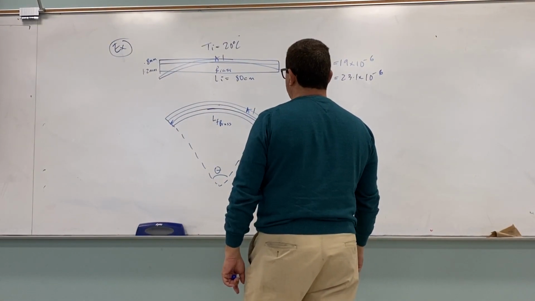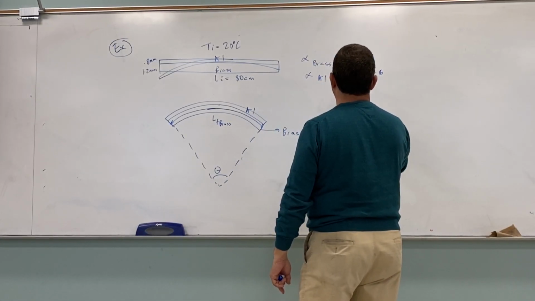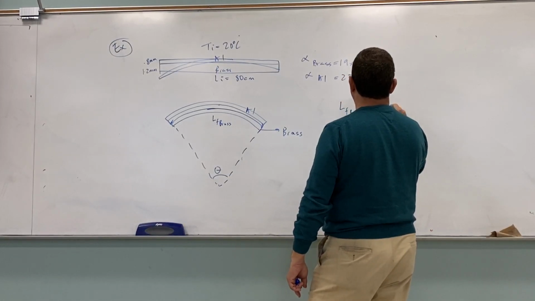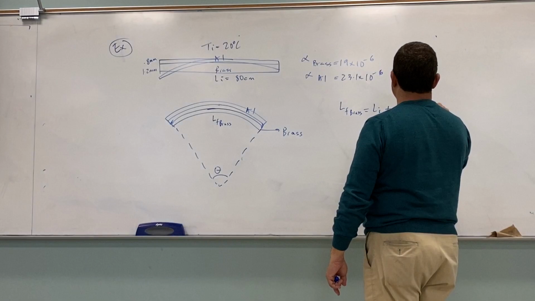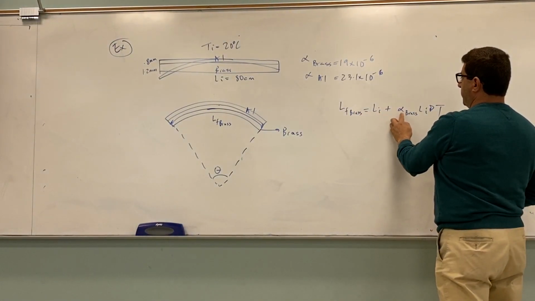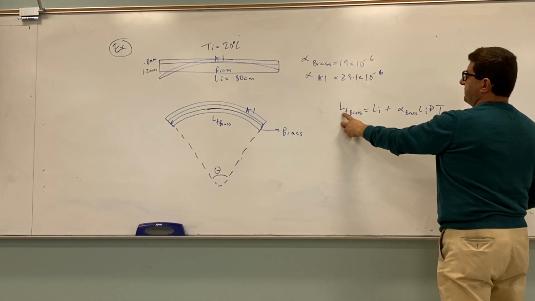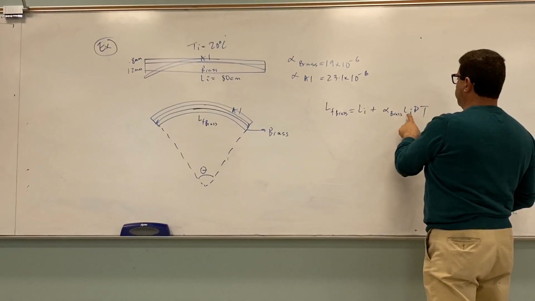And that's gonna equal what? L final brass is gonna equal L initial plus alpha brass L initial delta T. Right, so the change in the length is alpha brass L initial delta T. So the final length is gonna be L initial plus alpha brass L initial delta T.